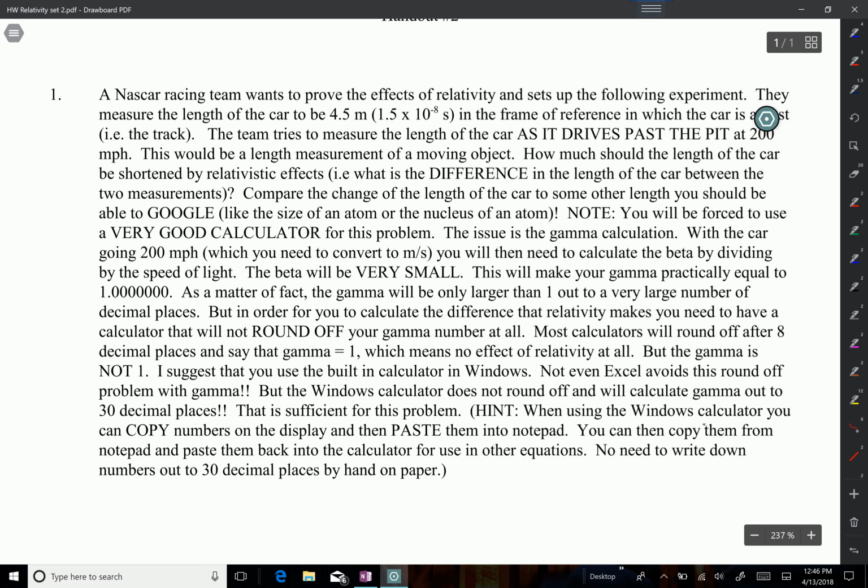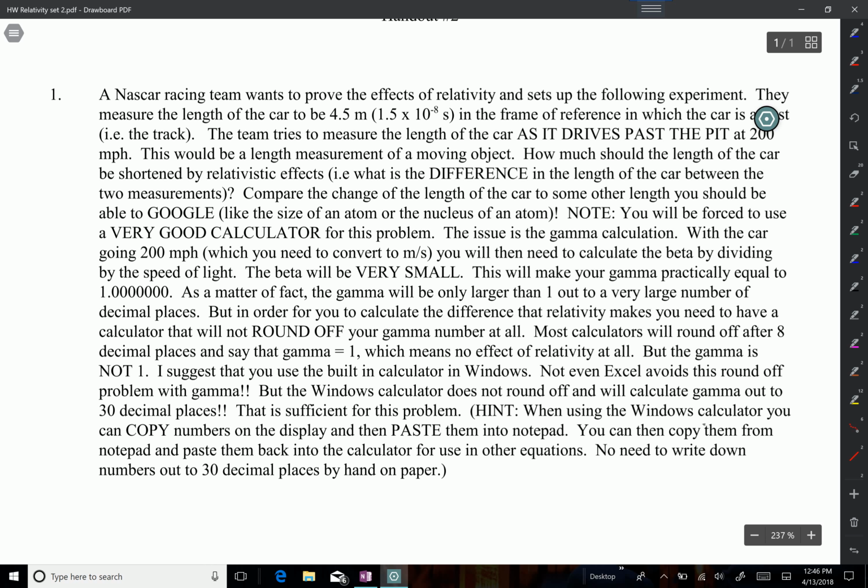And before we do the world line, let's choose our reference frame. So let's do this. Let's say the perpendicular reference frame is going to be the track, and the moving reference frame is going to be the car.